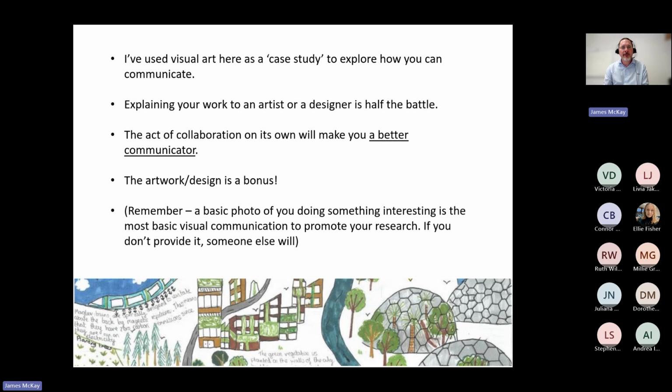So the basic visual communication is to have something that promotes you and promotes your research that you're happy with, that you can use in lots of different places, as a kind of a calling card or an icon that you might use on a Teams meeting, that kind of thing. So I hope that that's been an interesting run through of some projects, and I'll be happy to take questions.